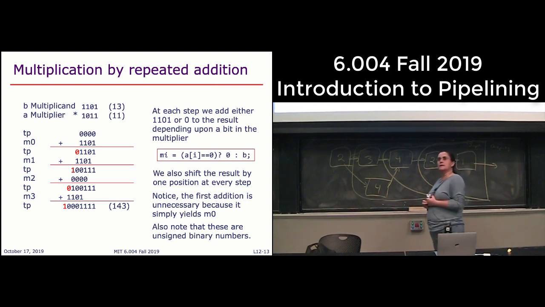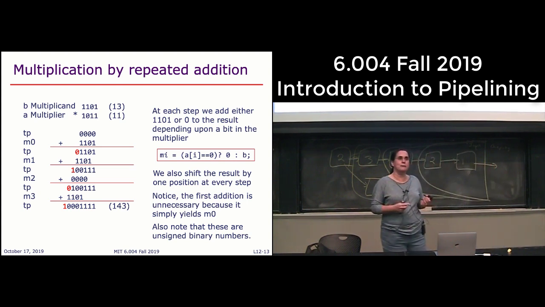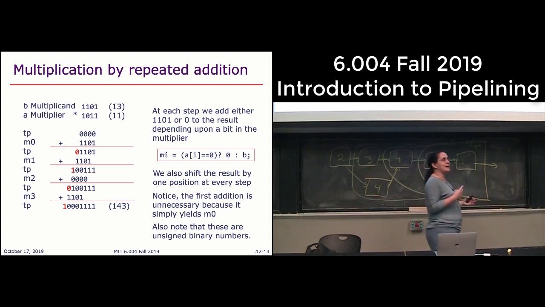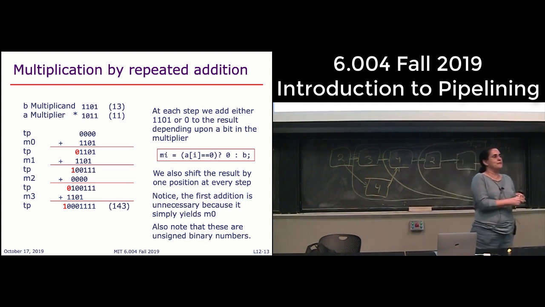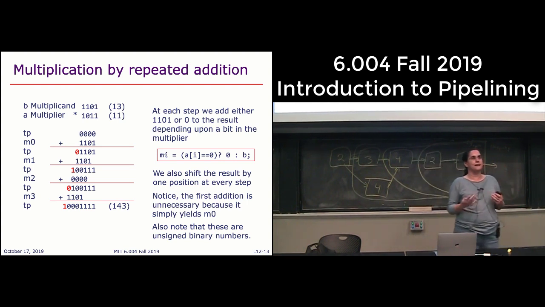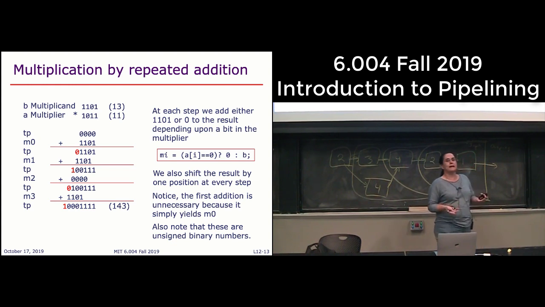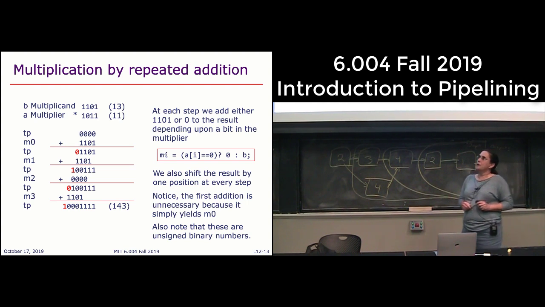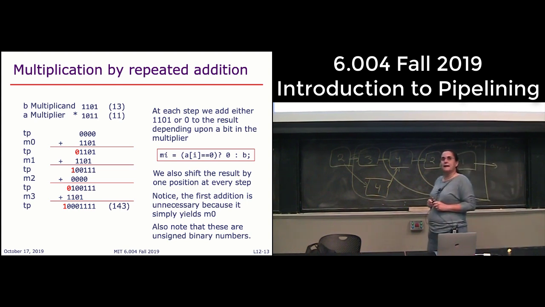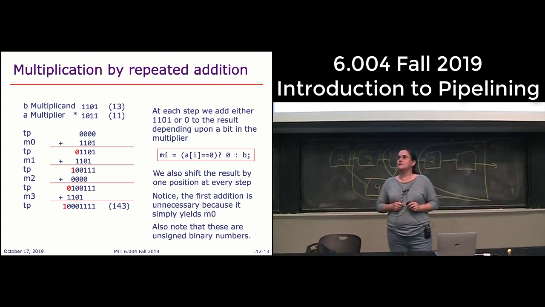So this wouldn't exactly work for signed binary numbers, and in lab, you're actually going to get to play with that and see how you need to modify the circuit in order to handle signed two's complement numbers in these multiplier circuits.